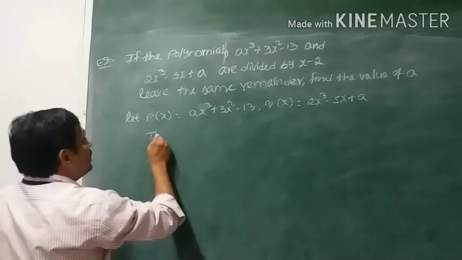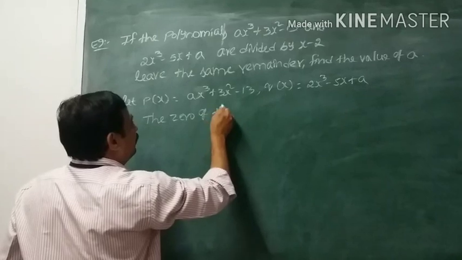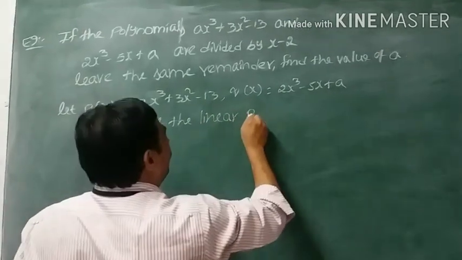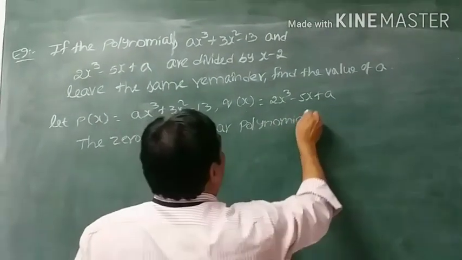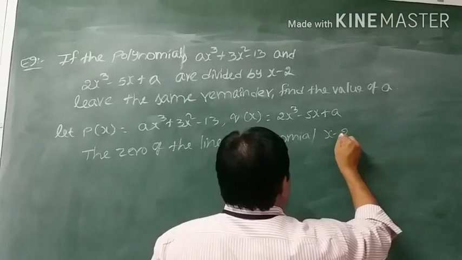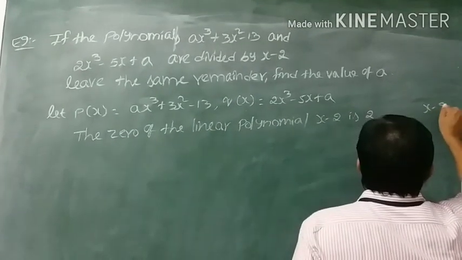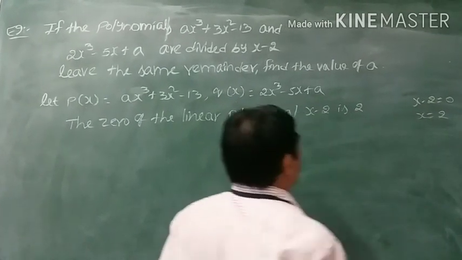That means the zero of the linear polynomial x minus 2 is 2. How? x minus 2 is equal to 0, so x equals 2.